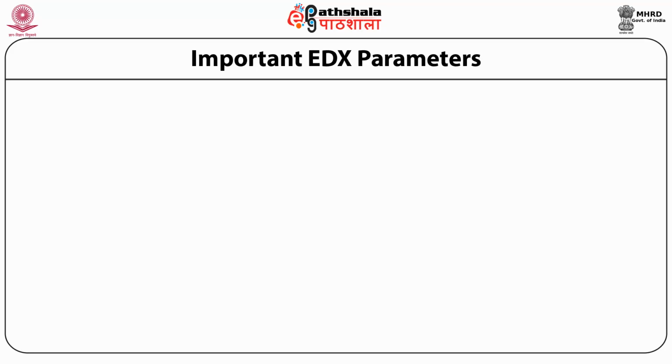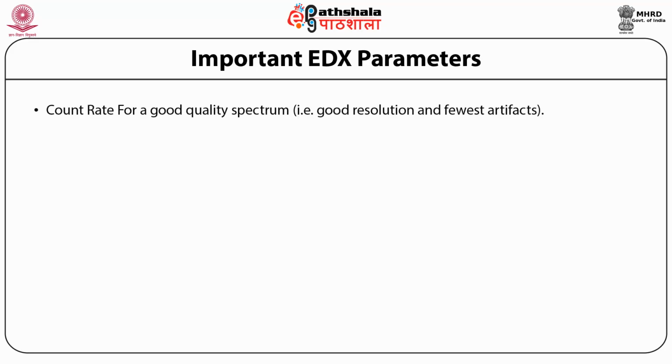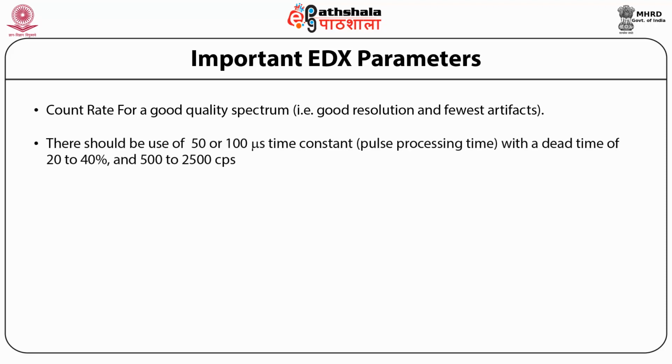The important EDX parameters. Number 1, the count rate. For a good quality spectrum, that is good resolution and fewest artifacts, there should be use of a 50 to 100 microsecond time constant, that is pulse processing time, with a dead time of 20 to 40% and 500 to 2500 CPS, counts per second.